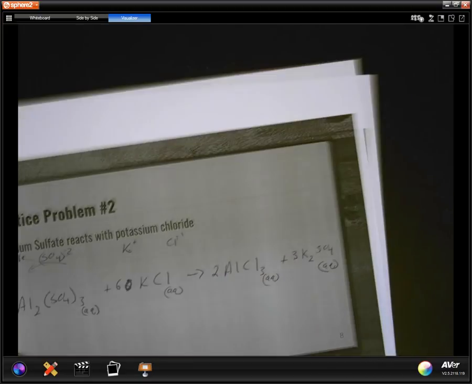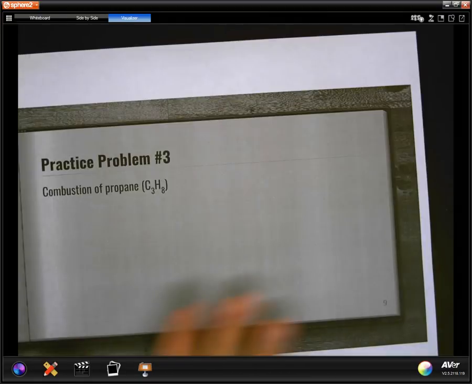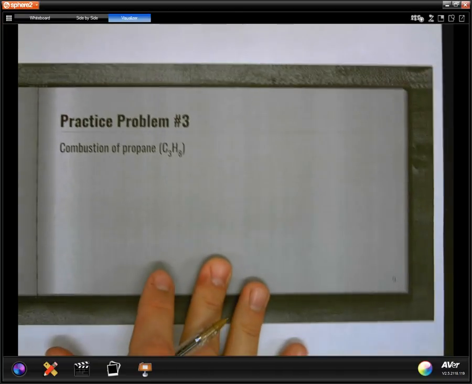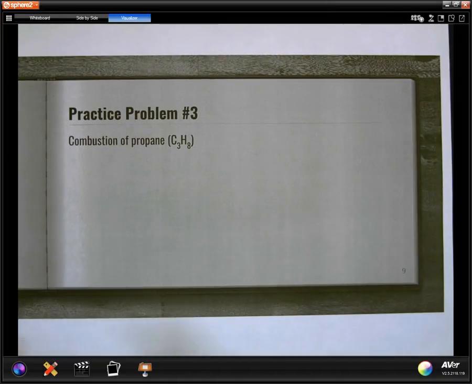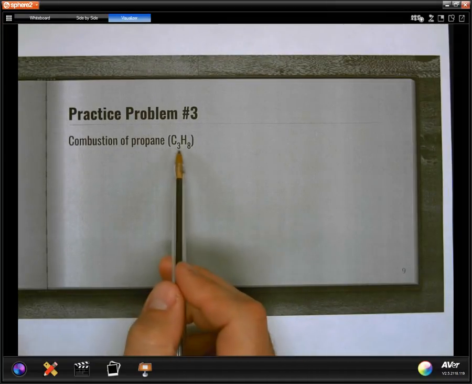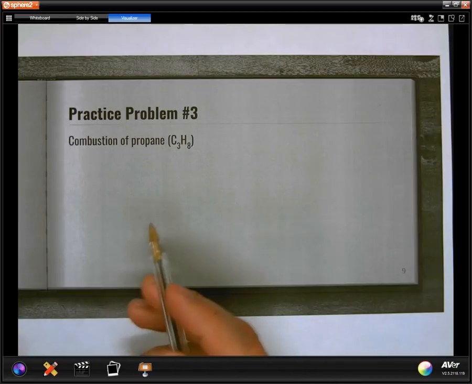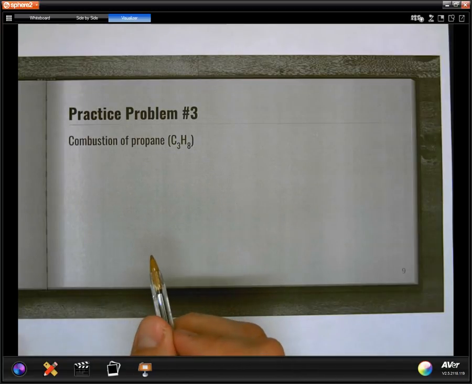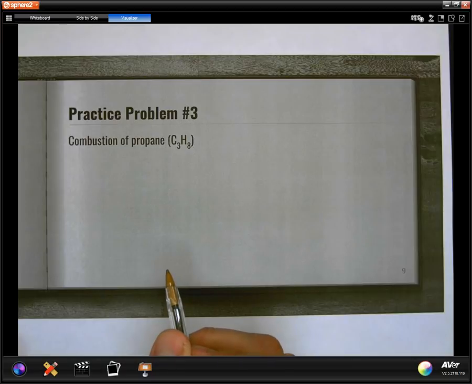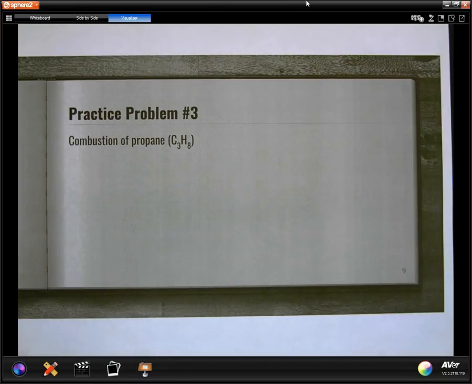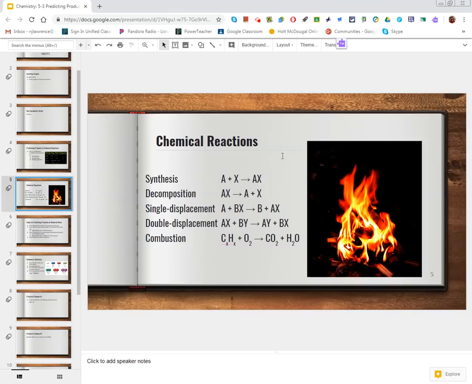Okay, our last problem here, combustion of propane. So again, pause the video, see if you can get this started by writing out the reactants, and refer back to that slide about how we set up a combustion reaction. Okay, so as we come back, we can look at that sheet of different types of reactions.